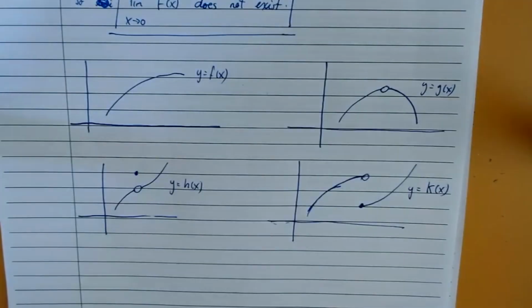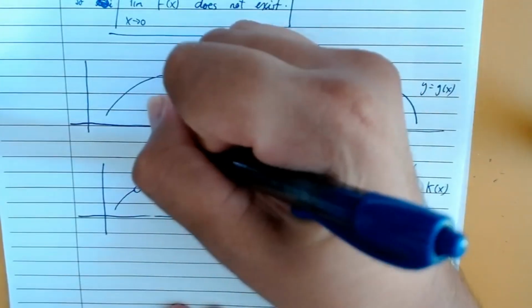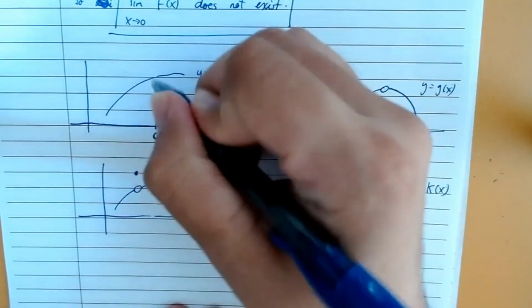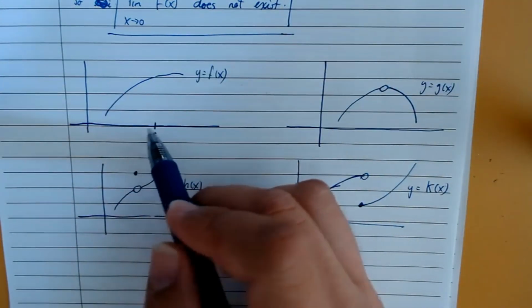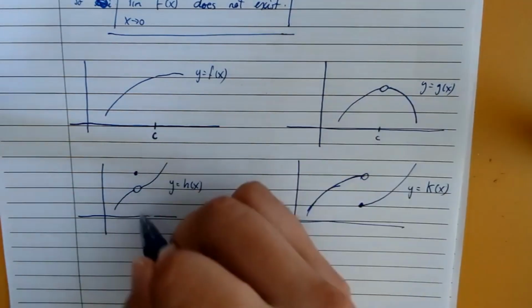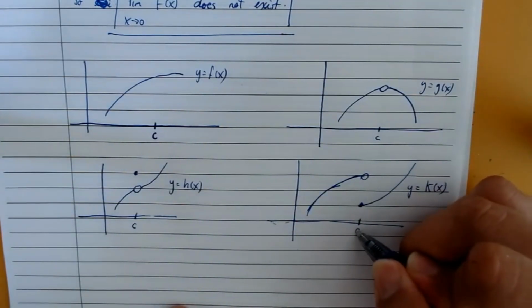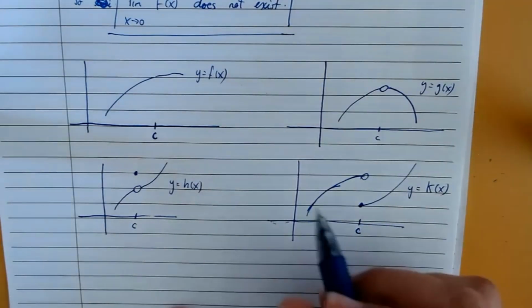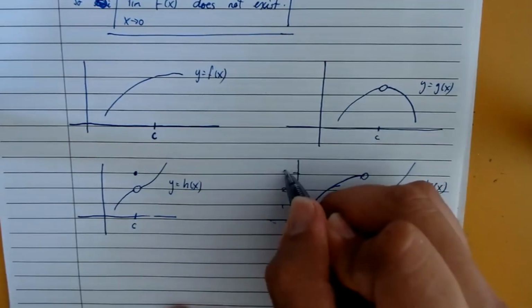All right, so here are 4 different graphs. And exactly what these functions are doesn't really matter. So on each graph, I'm going to call this number c, whatever it might be. Over here I'm going to call this one c. Over here I'm going to call this one c. And right here I'm going to call this one c. And then these are all just whole numbers, so that's 1, that's 2, that's 3.